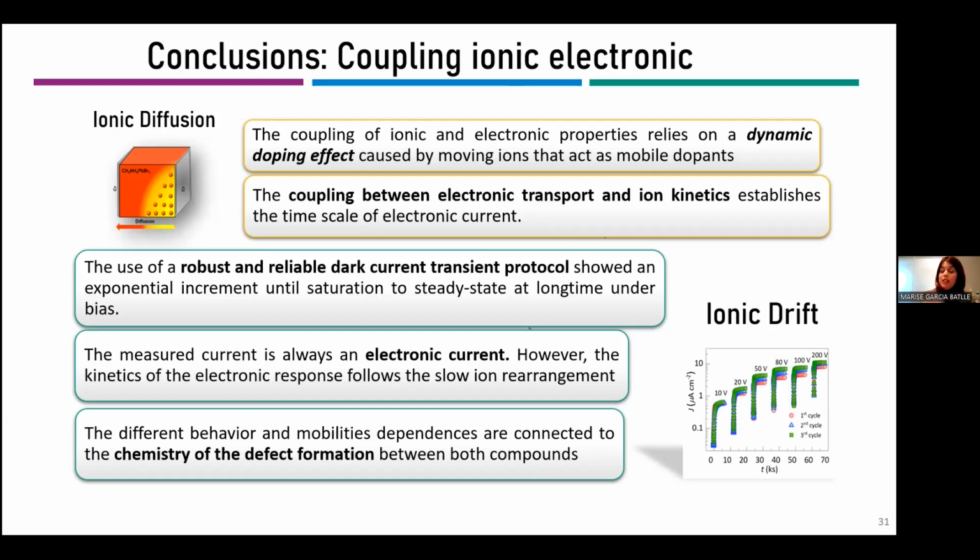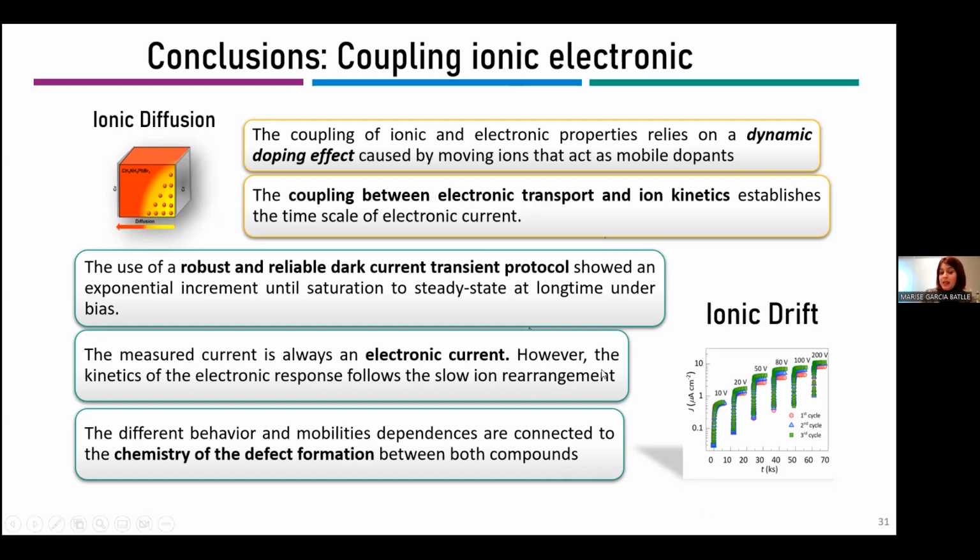This coupling between the ionic and electronic transport establishes the time scale of the kinetics of the electronic currents, and we observe from the ionic drift that using a robust and reliable current transient protocol, we can obtain a reproducible and reliable response.